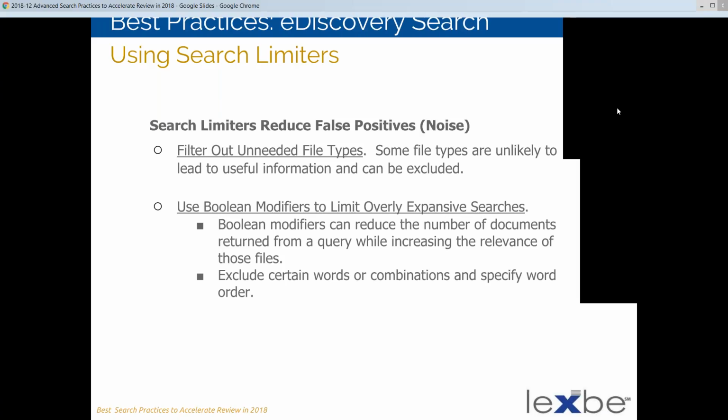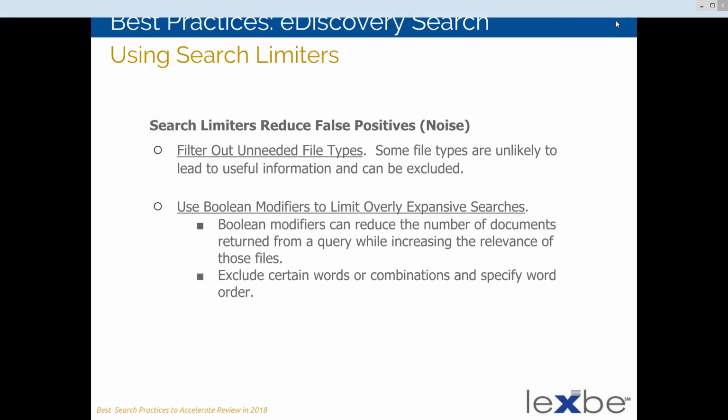You can also use your Boolean modifiers to limit your overly expansive searches. So again, being an iterative process, this idea of searching is going to evolve the more that you do it. The first time you put in a keyword, you might say, wow, I can't work with 10,000 documents. I did not expect this to return this many.